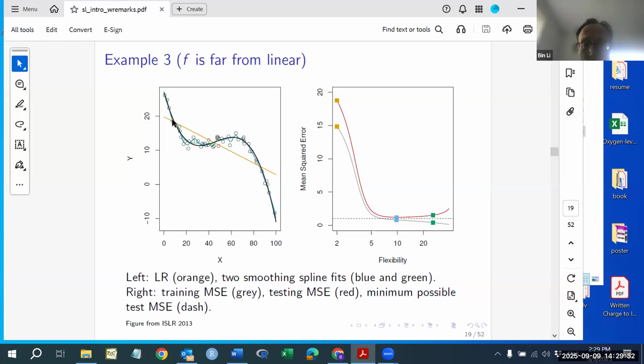Here, the truth is that black curve, and the linear model is here. Okay, what is the bias, let's say, when x is close to 70? When x is 70, what is the bias? You see, from the linear model, we fit it here, but the truth is here. So the bias is that.